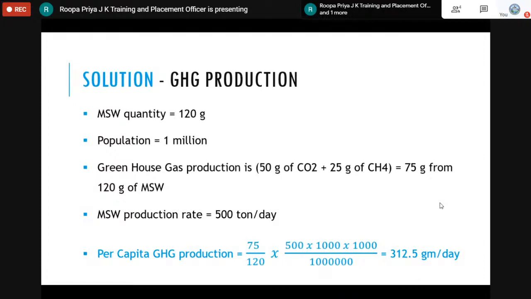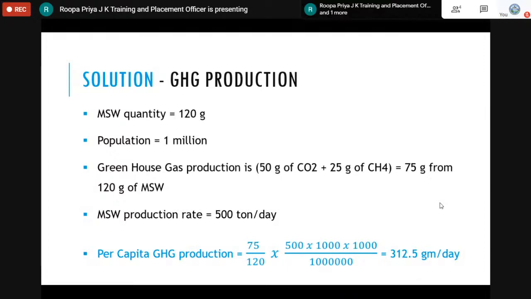We have 500 ton per day. So it is important for us to find out the amount of the greenhouse gas produced in gram per day. So this is the conversion, 500 into 1000 into 1000, that is 10 to the power of 3, divided by 10 to the power of 6. So that gives you the actual value in gram per day.